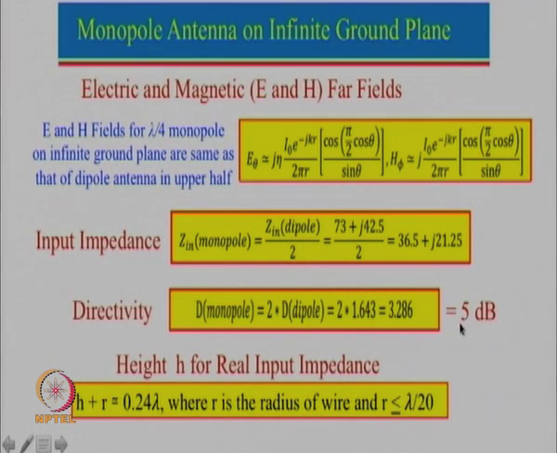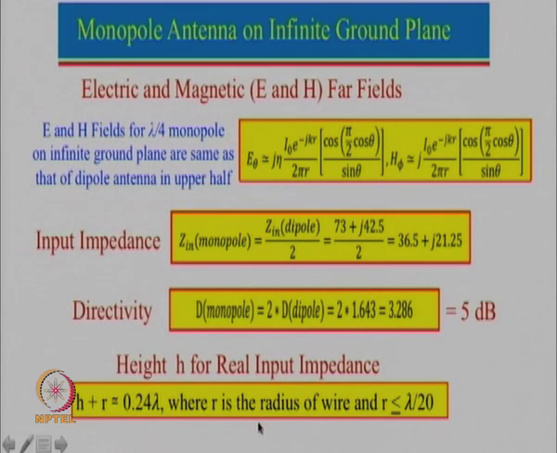For a dipole antenna the directivity is approximately 2 dB, so now it will be 5 dB. But I am repeating, this is only valid for a monopole antenna on an infinite ground plane, which will never happen. We will study systematically the effect of the ground plane on the input impedance, on the frequency, as well as on the directivity and radiation pattern.